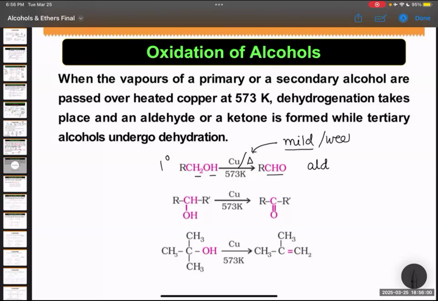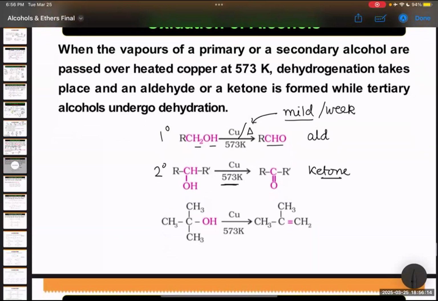If you take copper red hot tube, for secondary alcohol, H and H will get removed. You get a ketone. If you take a tertiary alcohol, H and H cannot get removed, as there is no H on the carbon. But OH and H get removed.